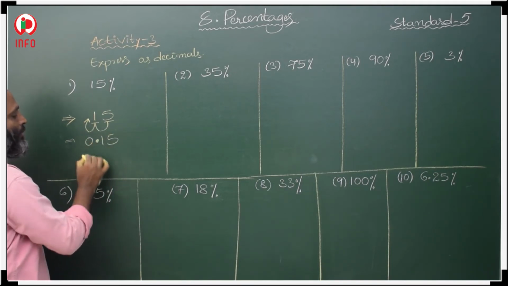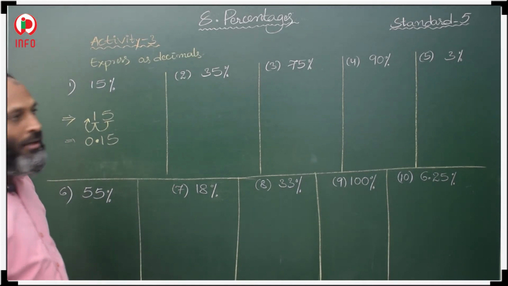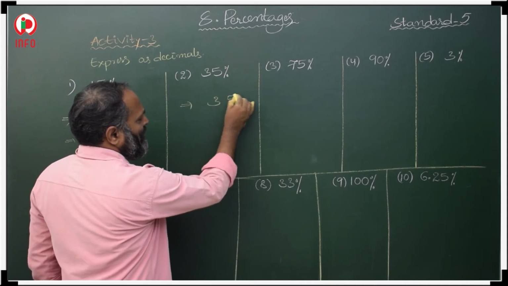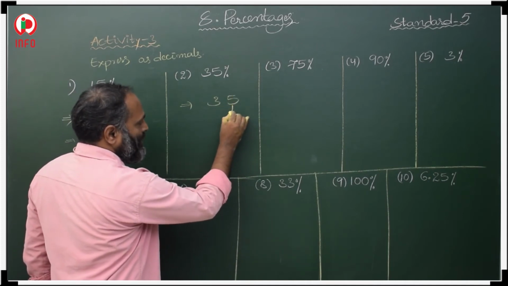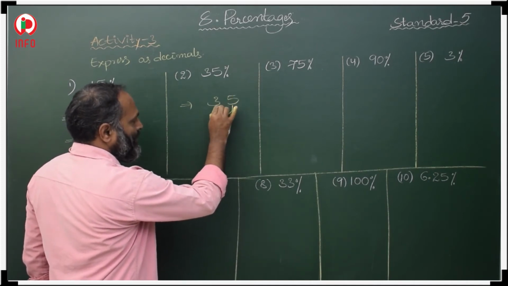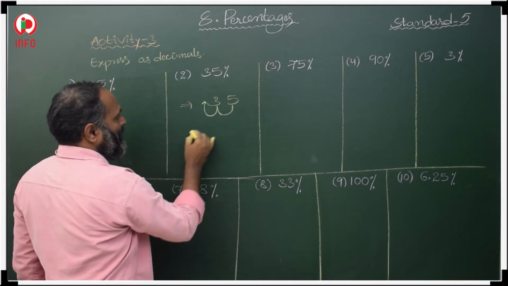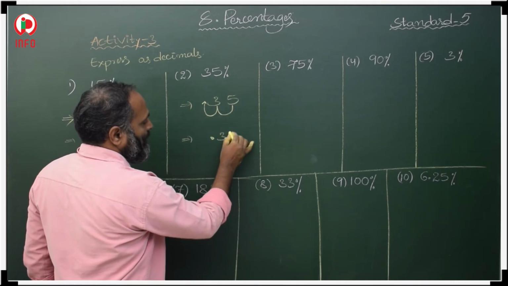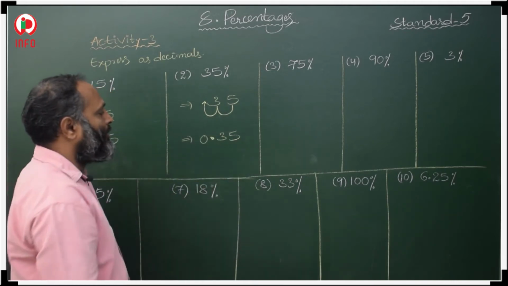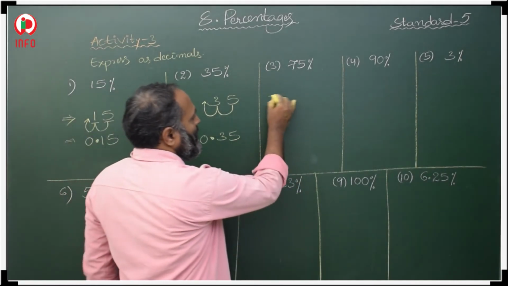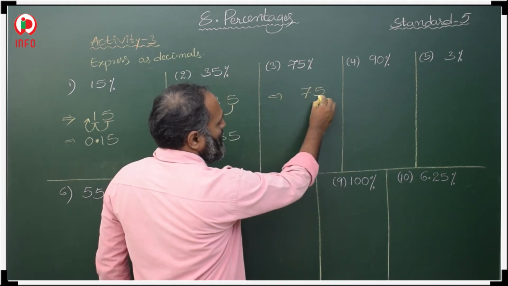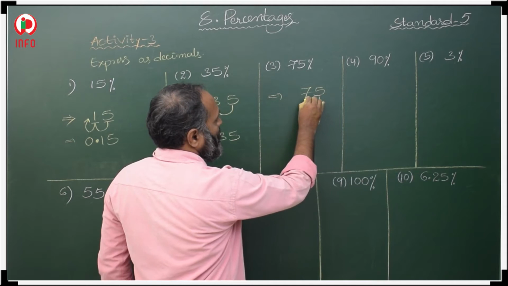Here 35 also: this is the first place, this is the second place. After the second place we keep the decimal here, that is 0.35.